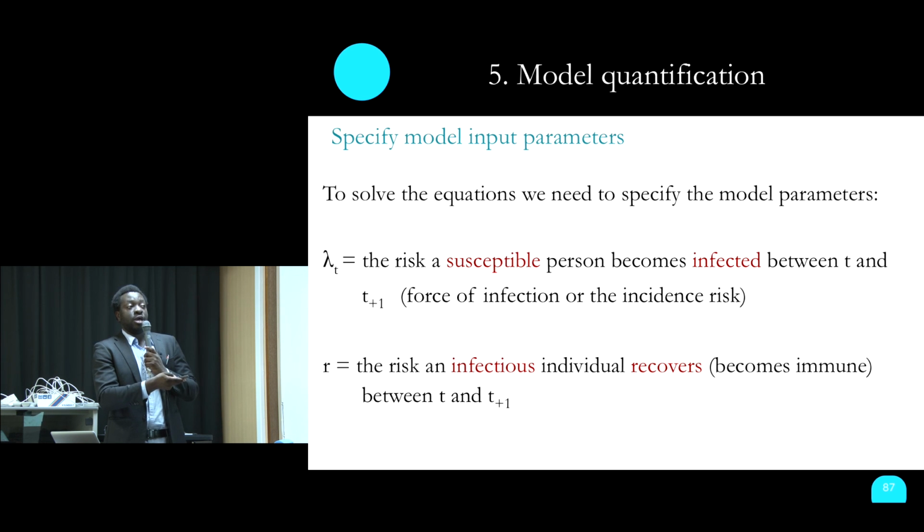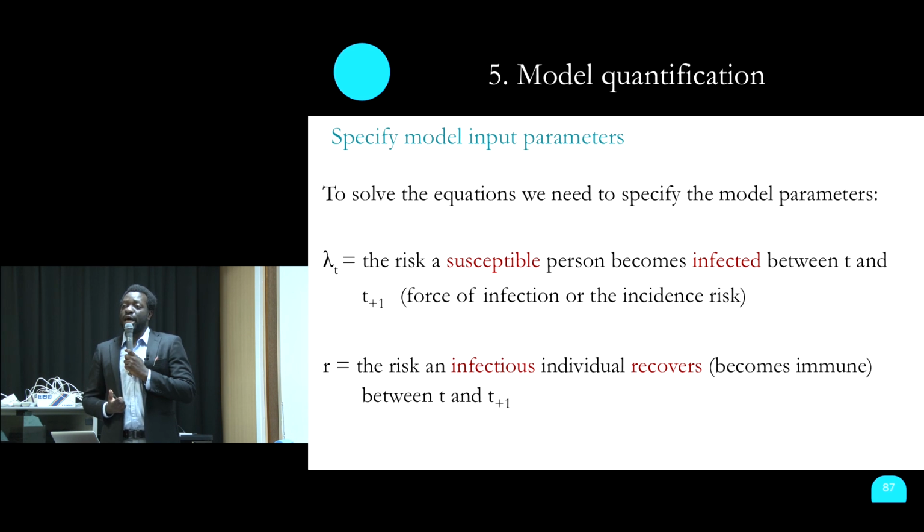You remember, they also call it the force of infection. We need to know the value of lambda t. R, which is the recovery rate, the risk of an infectious person recovering and becoming immune between t and t plus 1, we also need to know. So we need to quantify our parameters.